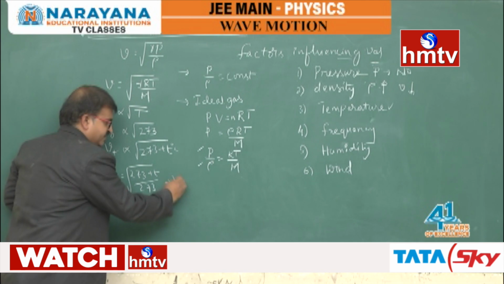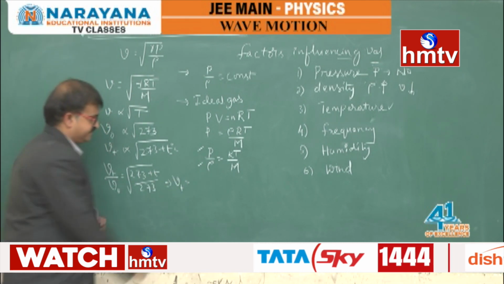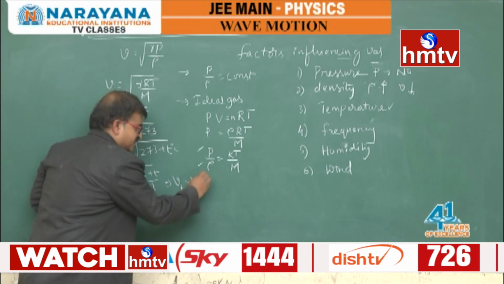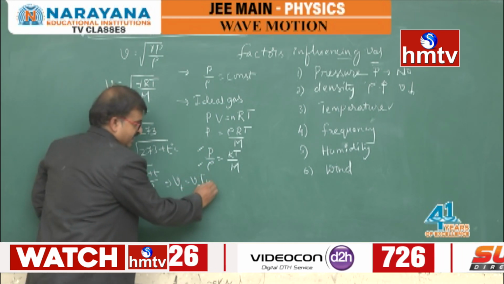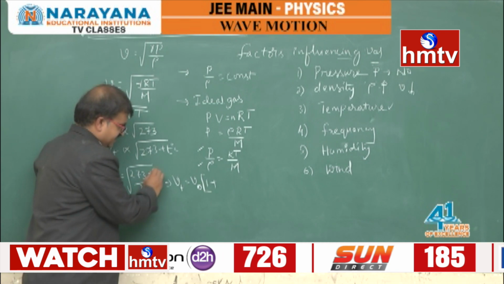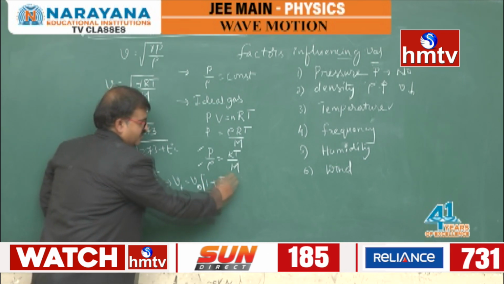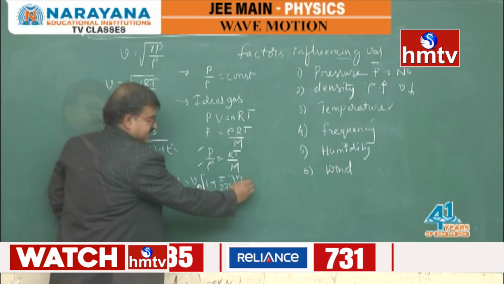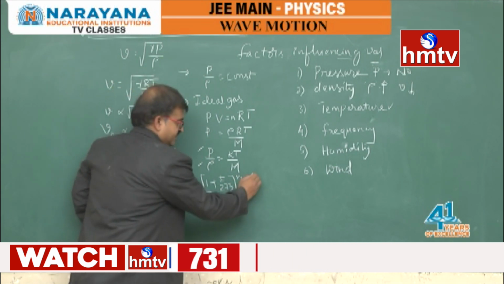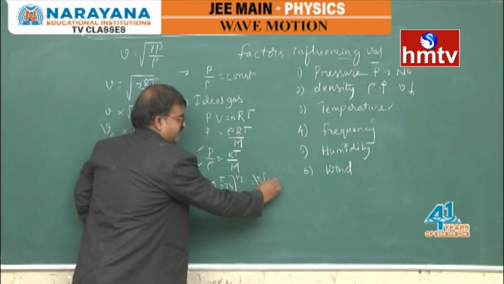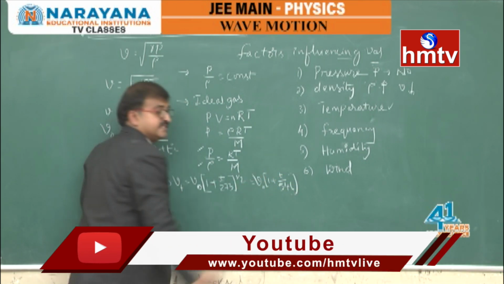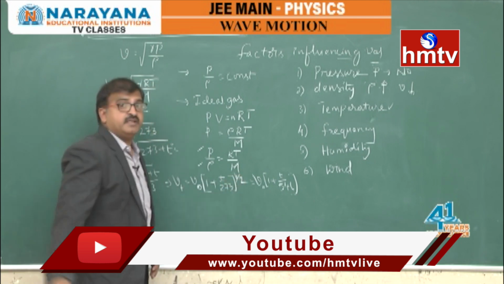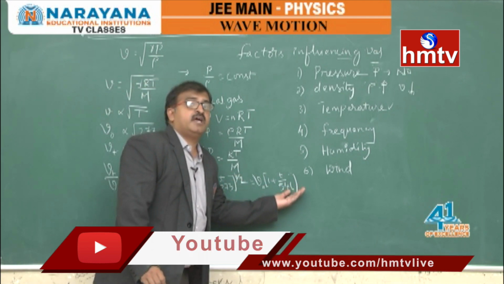This implies V at t is equal to V naught times (1 plus t by 273) whole power 1 by 2, and this can be taken as V naught times (1 plus t by 546), by taking the binomial expansion approximation.